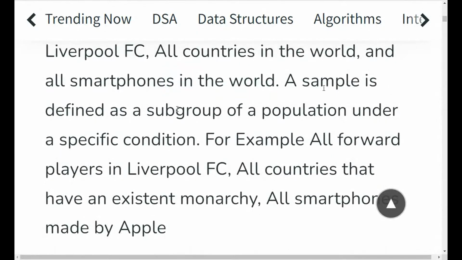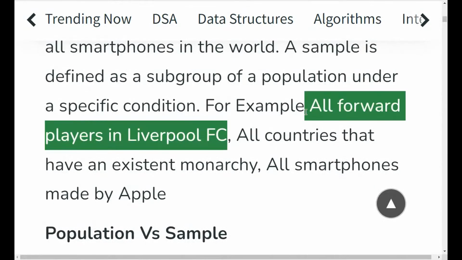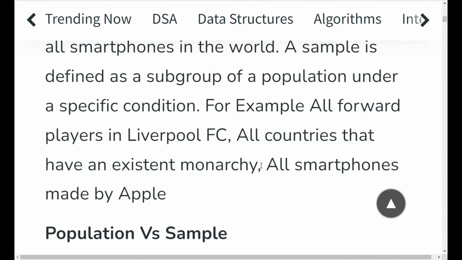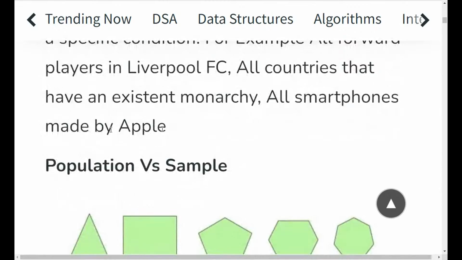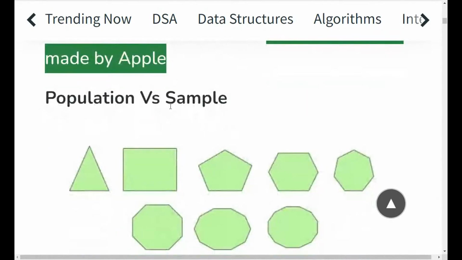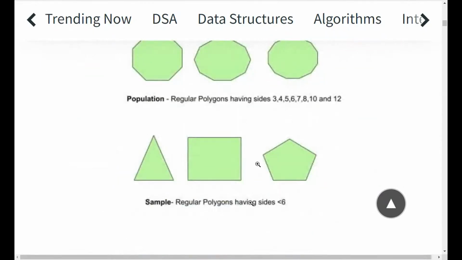A sample is defined as a subgroup of a population under a specific condition. For example, all forward players in Liverpool Football Club will be one population. All countries that have existing monarchy, all smartphones made by Apple will be one group, one population. This is the population, and these are the samples.